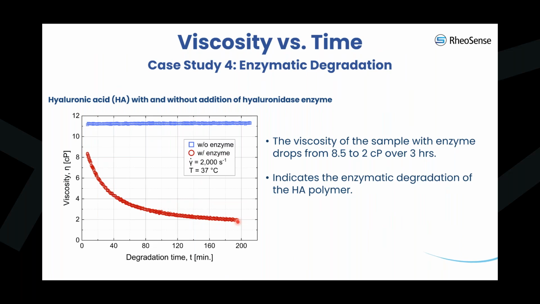This example is a clear demonstration of how viscosity can be used as a real-time indicator of polymer degradation, in this case triggered by an enzyme. This type of measurement is especially useful for studying formulation stability, controlled degradation, or even enzyme kinetics in different applications. Again, I want to emphasize that single point viscosity is not sufficient for capturing degradation kinetics.